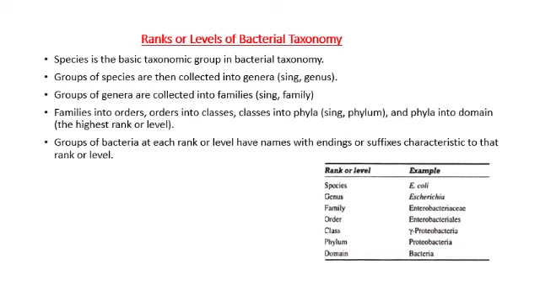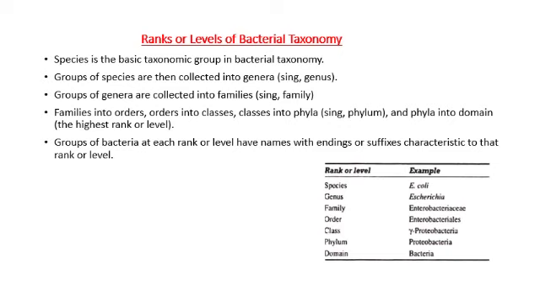Now we are moving to the next slide: the ranks or levels of bacterial taxonomy. Based on this classification, certain ranks or levels are assigned, mainly seven levels. The highest level is the domain and the lowest level is the species, followed by genus, family, order, class, phylum, and finally the highest level, domain or kingdom.